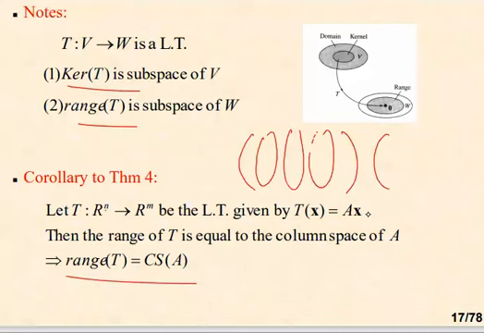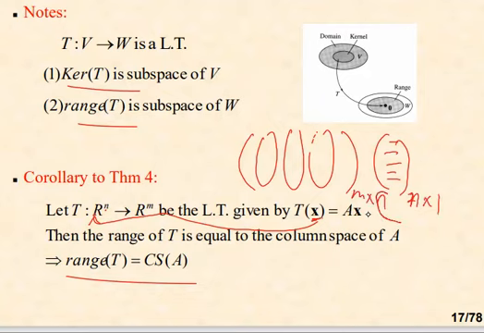X belongs to this vector space, and this should be n dimensional. There are n rows and one column. Then this should be m plus n, otherwise this does not make sense. The dimensions should match if you want to multiply these two matrices.